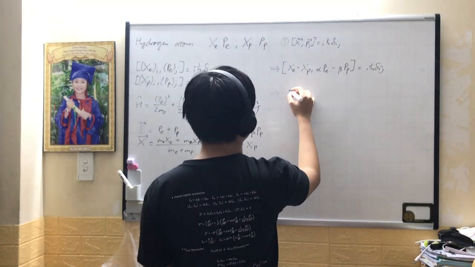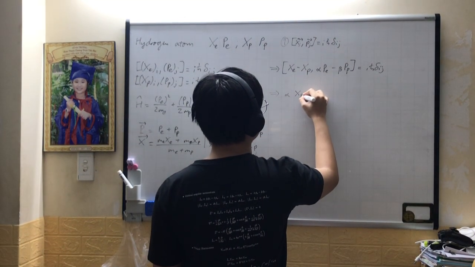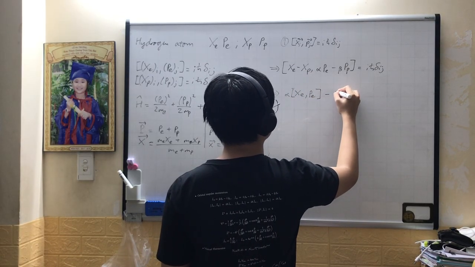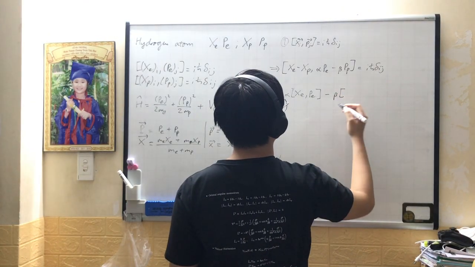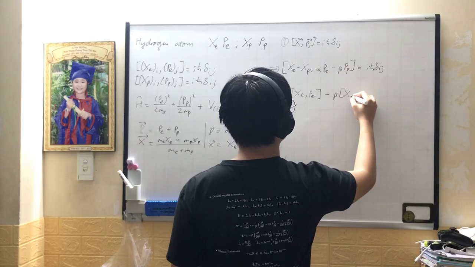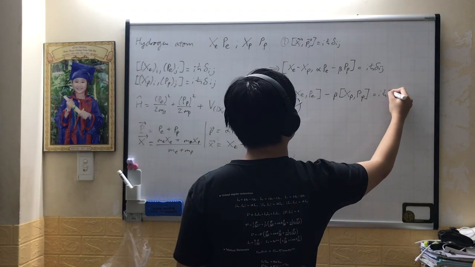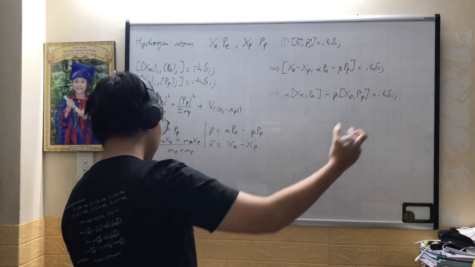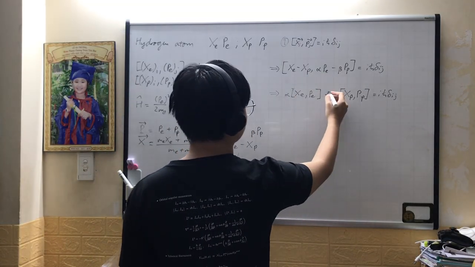So that would be alpha x_e p_e minus beta x_p p_p equals i h-bar delta_ij. These two are delta_ij, therefore plus and minus combine into a plus.